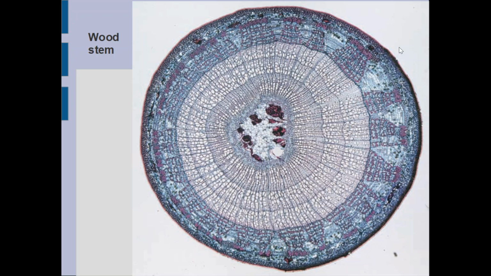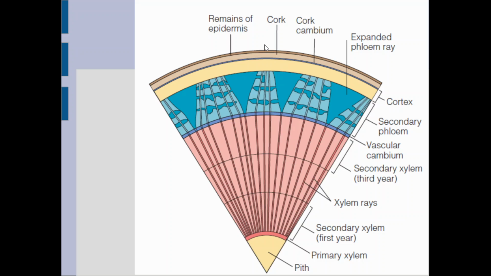So remnants of the epidermis, because epidermis is completely destroyed because of the growth of the tissues that are inside. And also cork and epidermis is usually not seen.